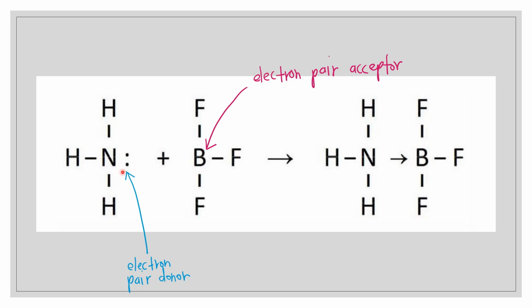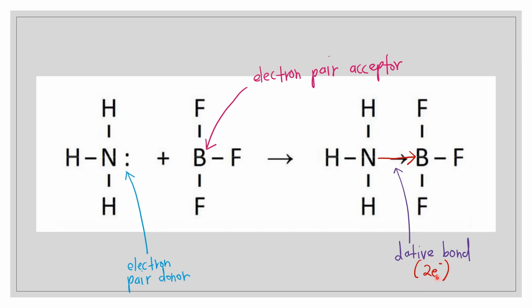So here nitrogen will give this lone pair and share with boron at the same time. So ada 2 terms dekat sini, bagi dan share. So by doing that, maka akan terbentuklah, akan wujudlah dative covalent bonding di sini di antara nitrogen dan boron. So this dative bond consists of 2 electrons. Dari mana datangnya 2 elektron ini?